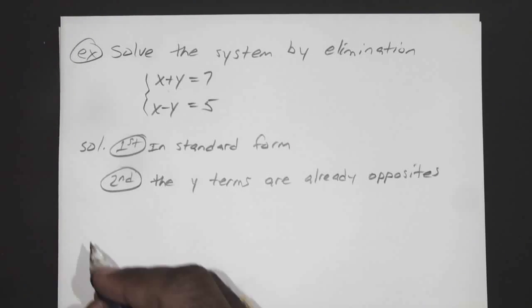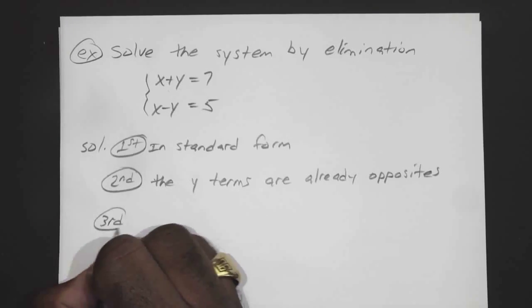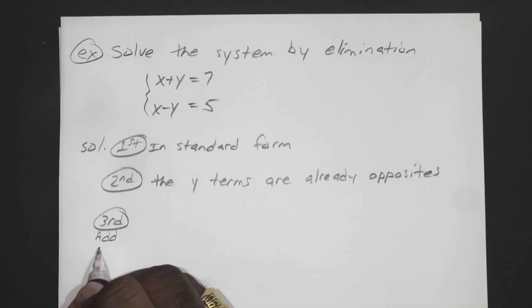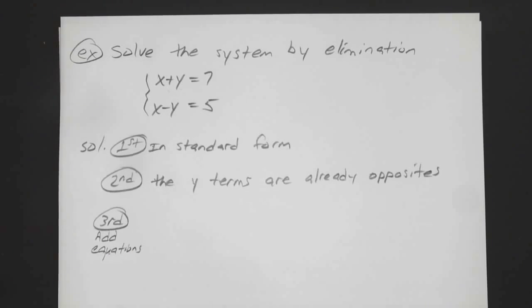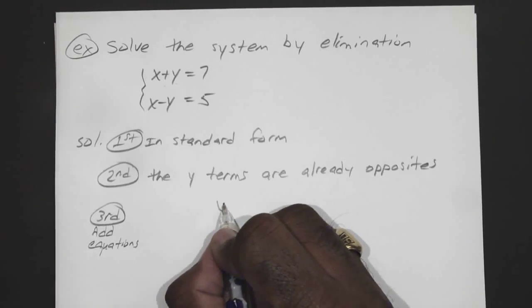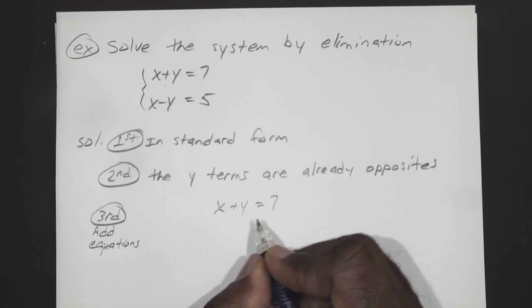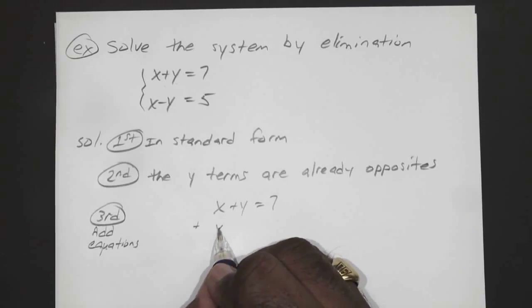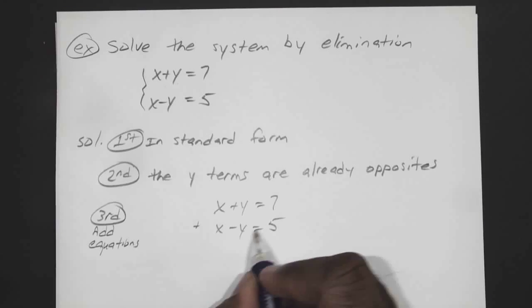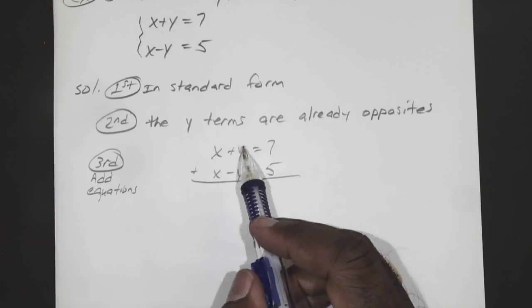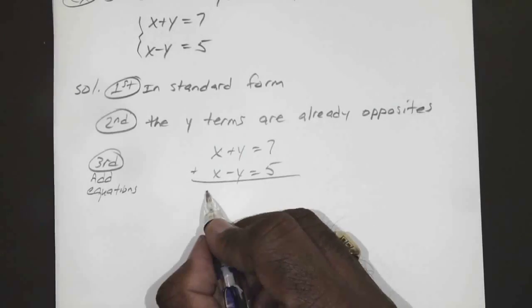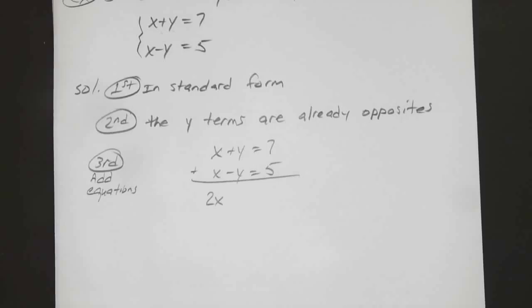Okay, now for your third step, you just add your equations. So if you have x plus y equals 7 plus x minus y equals 5. Now if everything's done right, x plus x is 2x.